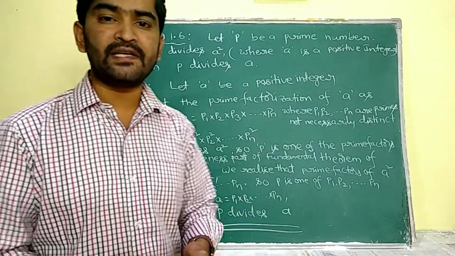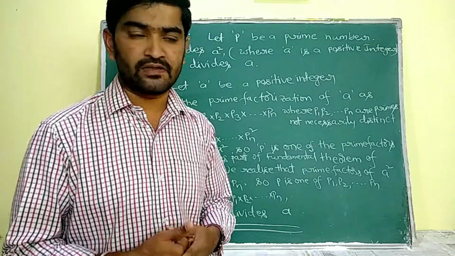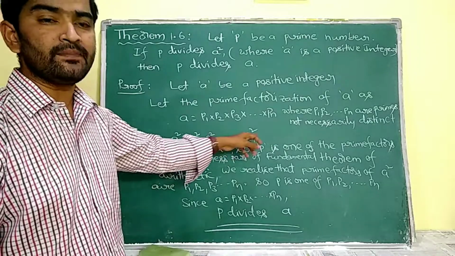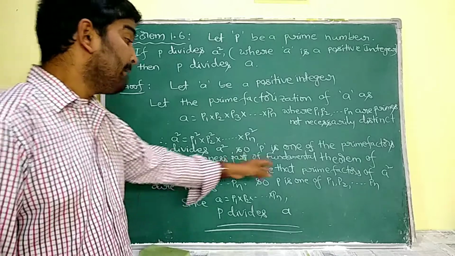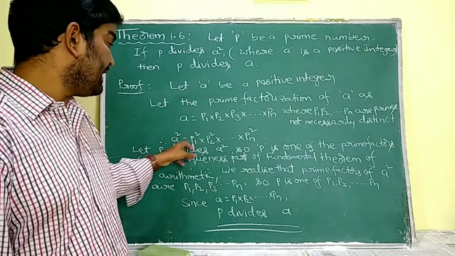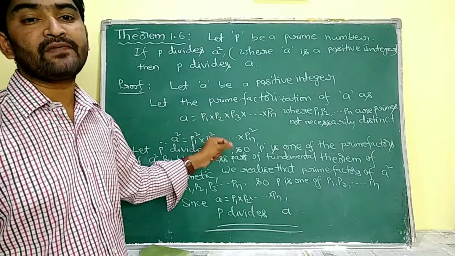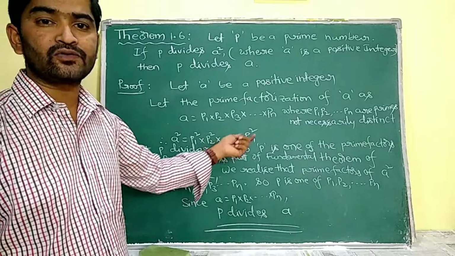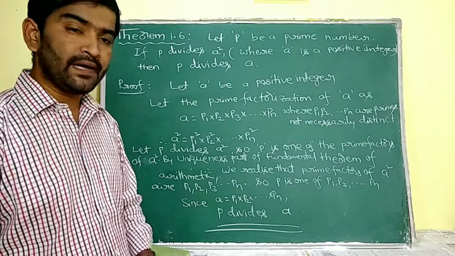Because if a prime is repeated, it is considered one time only, not two or three times. So P is one of these prime factors P1, P2, so on Pn. Why? Because P divides A square, which means P must be one of the prime factors of A square. We discussed that A square's prime factors are P1, P2, so on Pn. That means P is one of the values of these P1, P2, so on Pn.